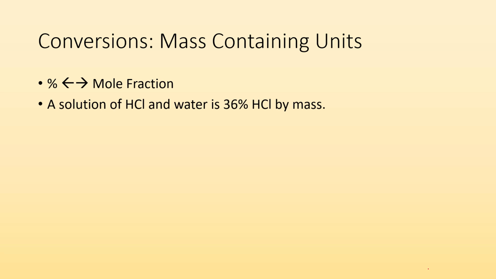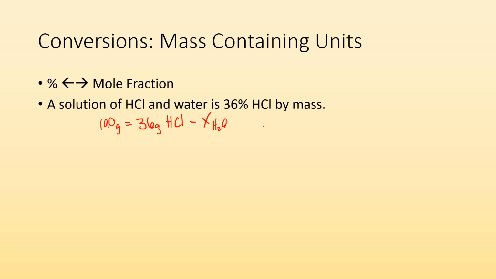It does get a little more complicated when we want something like mole fraction. So it's the same process though. If we have a percent, the easiest thing to do is assume that we have 100 grams. So if I had 100 grams, that tells me that 36 grams of it was HCl, and then the rest of it is going to be H2O.